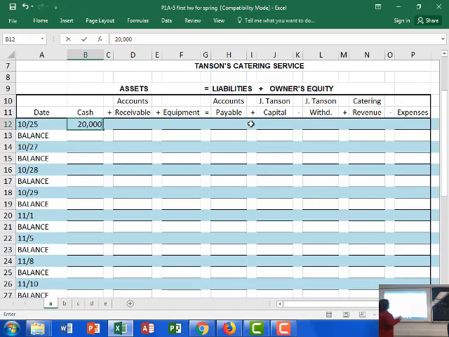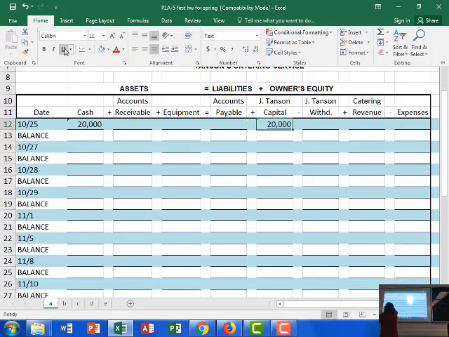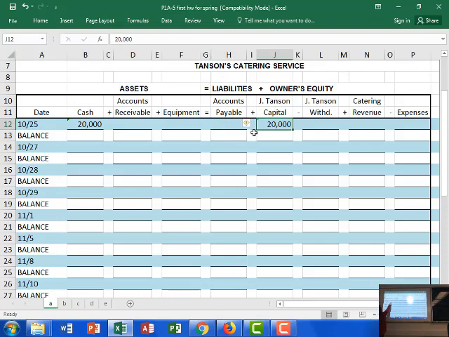Then, for the capital account, that's the next one. We're going to put in how much? $20,000. That's the only two accounts that are impacted. So when you come down to your balance here, you're going to have how much? $20,000.